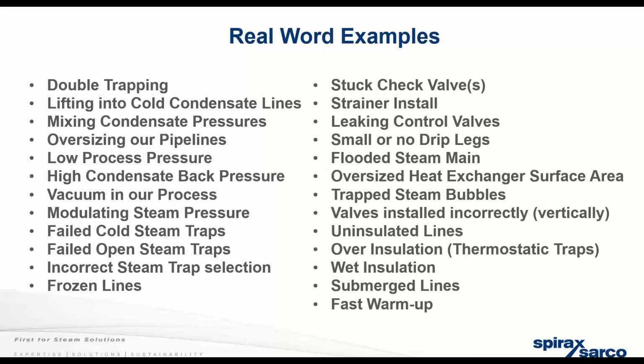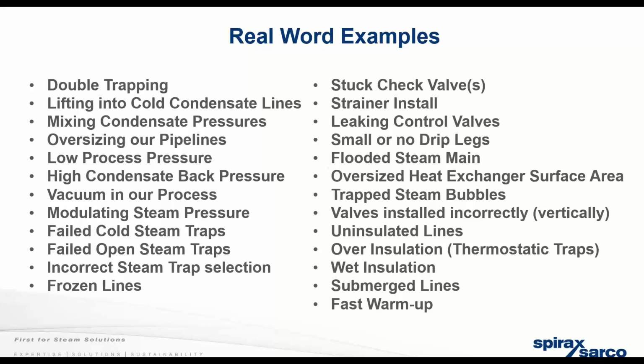So as I was preparing for this presentation, I tried to make a list of all the things that I've seen that cause water hammer in our piping systems, and I stopped typing because I keep seeing all these things over and over and over again. From the simple things like no insulation, no drip traps, steam trap issues, steam traps above lines, submerged lines, operating my plant too quickly, a number of things.